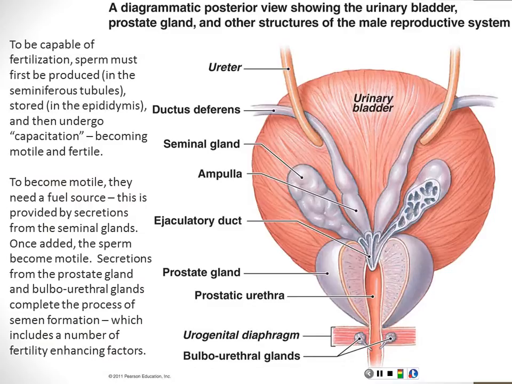Otherwise, that acidic environment would slow them down or even destroy them. Okay, so the prostate gland adds that. And then the bulbourethral glands, as well as the prostate gland, add fluid and lubrication so that the sperm have an easier time slipping through all the nooks and crannies, so to speak, to improve their fertilization or their fertility.